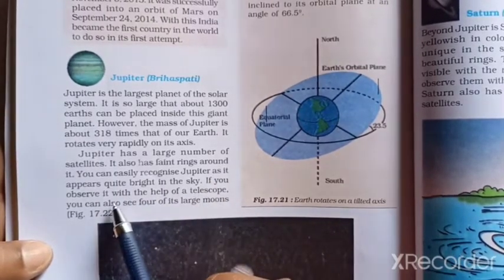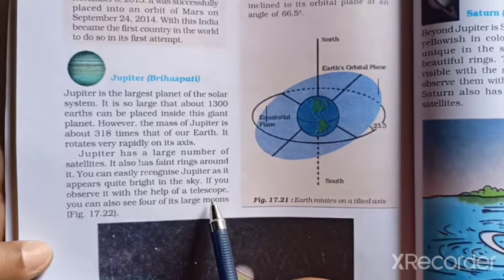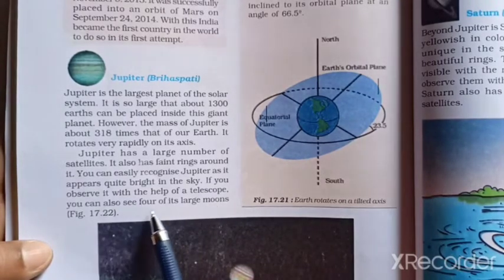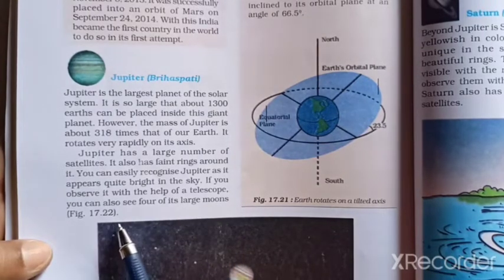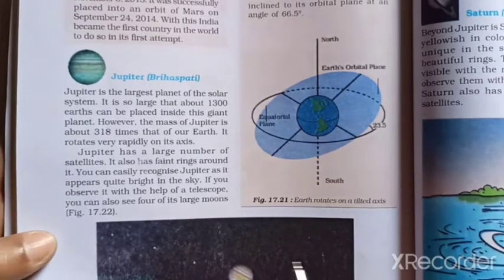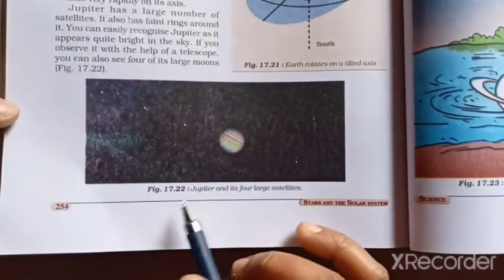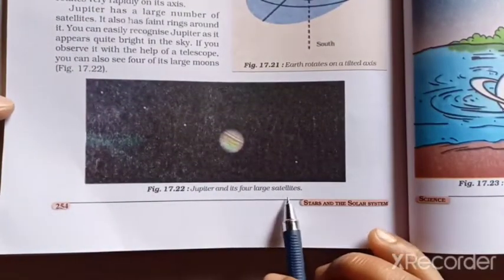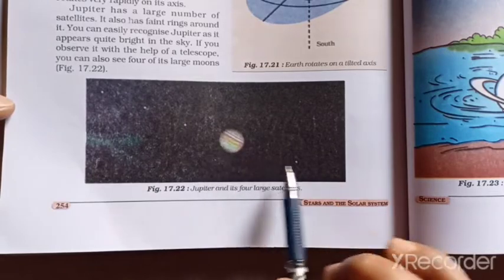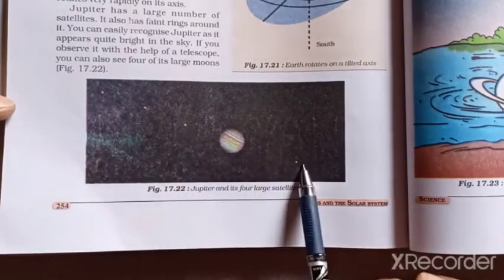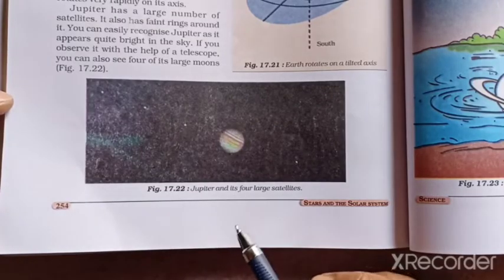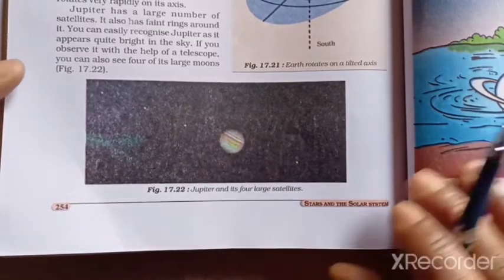If you observe it with the help of a telescope, you can also see four of its large moons, figure number 17.22. Here, Jupiter and its four large satellites. Jupiter is here and its large satellites here, here, and here.